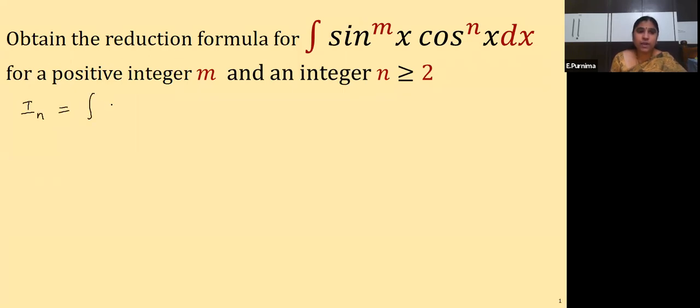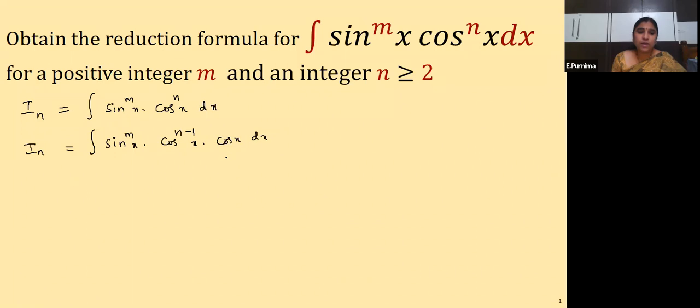In is equal to the integral of sine to the power of mx into cos to the power of nx dx. Okay. Now I am writing this as the integral of sine to the power of mx dx into cos to the power of n, I am writing as n minus 1 x into cos x.